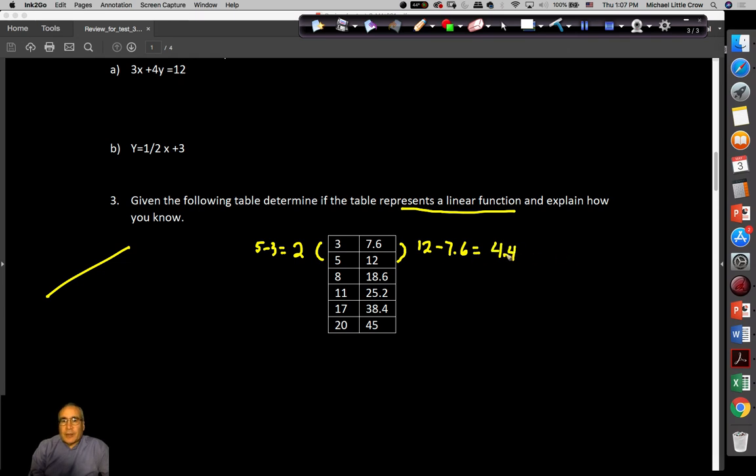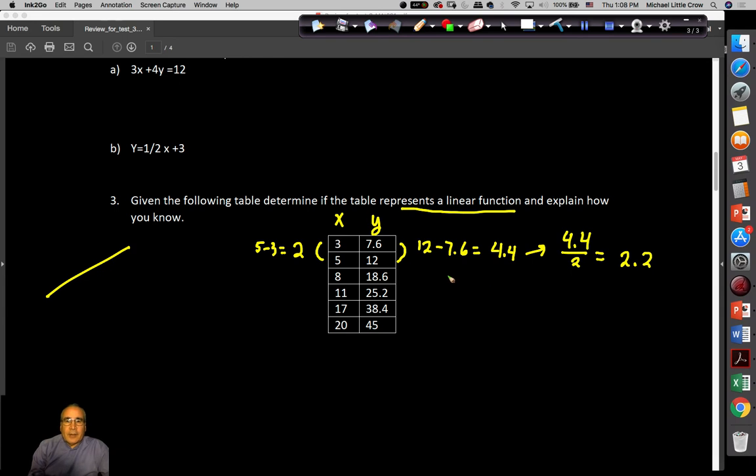So the slope is the change in the y over the change in the x. This is the x column, this is the y column. So these first 2 points give us a slope of 4.4 divided by 2, which is 2.2.